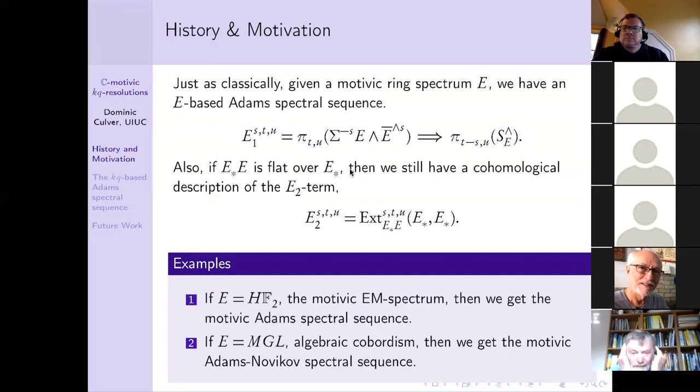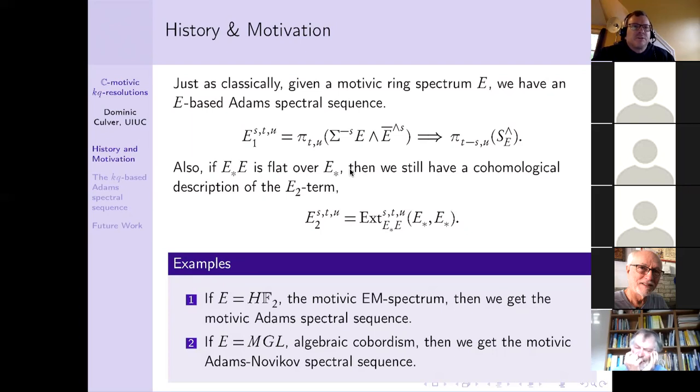And in that situation, you get what's called the motivic Adams-Novikov spectral sequence. So both of these have been studied a lot by Dugger-Isaksen, and then also by Isaksen, Wang, and Xu. And then the Adams-Novikov spectral sequence has also been studied by Levine. A lot of people have put a lot of effort into studying these two spectral sequences.